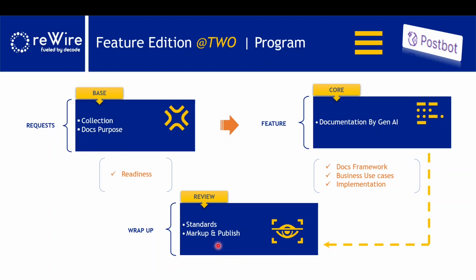And finally, markup and publish, which covers the format of the document and the additional details that Postman provides. As of today, Postbot may not have formatting capabilities, but Postman has had its own capabilities for a long time, and I'm just going to give an overview of that formatting. And finally, publish.